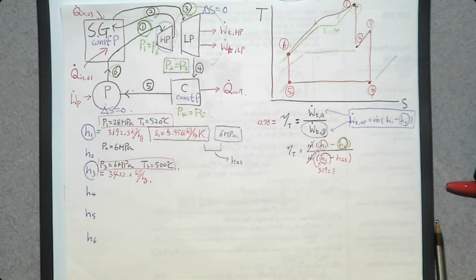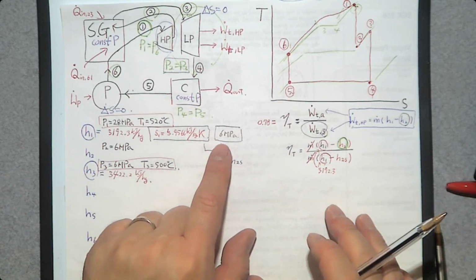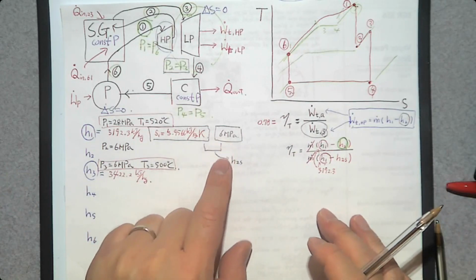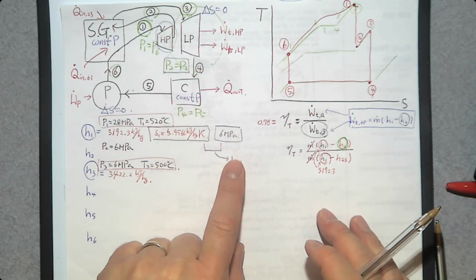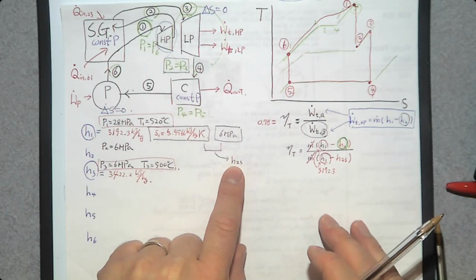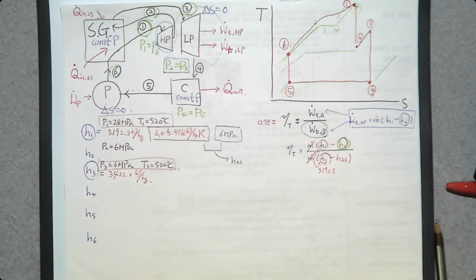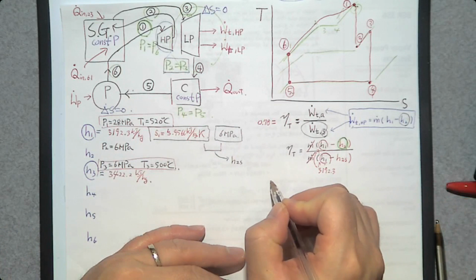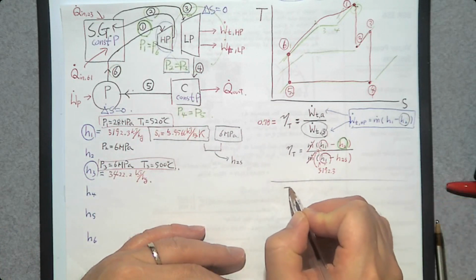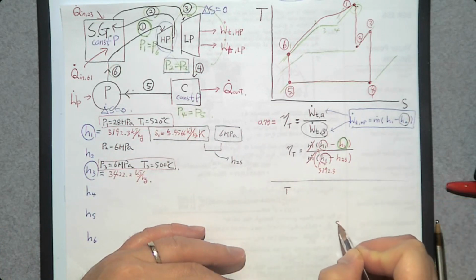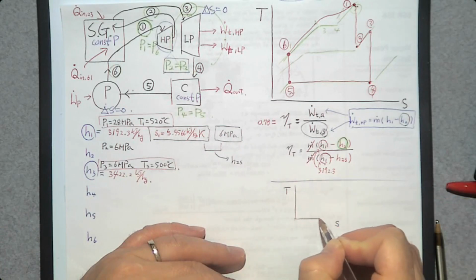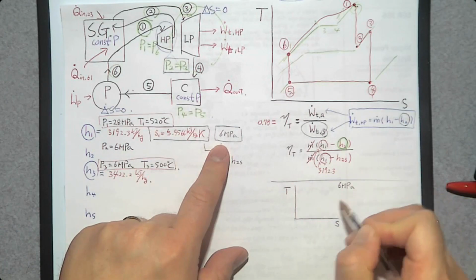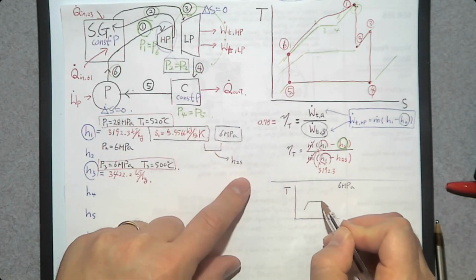So let's do that. First, we need to determine the phase change process at state number 2, assuming isentropic turbine. We are going to use the TS diagram. At 6 megapascal, the TS diagram looks like this.